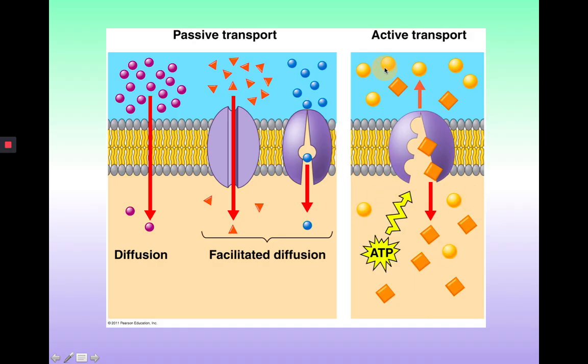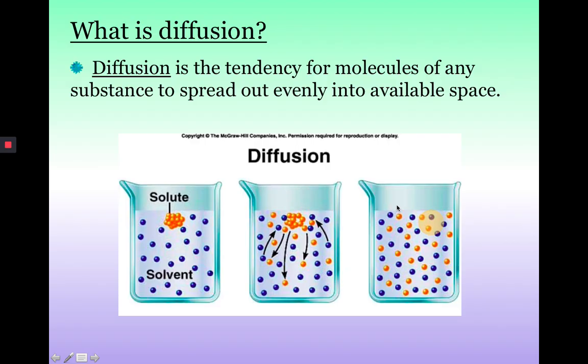They're moving out from a low concentration to a high concentration. And that requires energy. You're pushing things against their concentration gradient, okay? Now, what is diffusion? It's the tendency for molecules of any substance to spread out evenly in the available space. This is one of the important things that I want you to know. True or false? You need a membrane for diffusion.